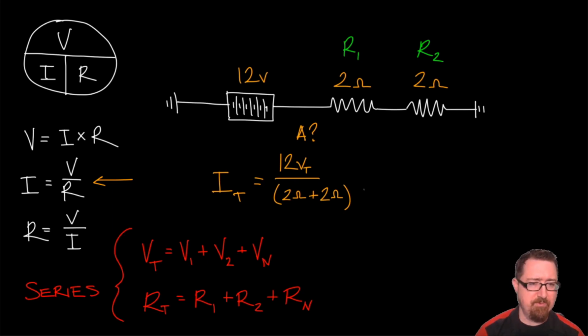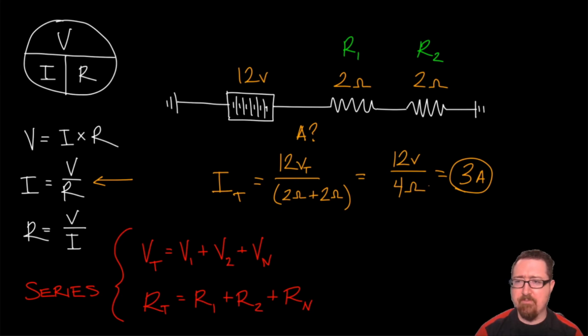So 2 plus 2 is 4, so it would be 12 volts divided by 4 ohms. So in theory, this circuit, even though it has 2 loads, one at 2 ohms and the other one at 2 ohms, acts as if you had a single 4 ohm load in the system. And then we just divide that out. So 12 volts divided by 4 ohms equals 3 amps. So our amp total is going to end up being 3.